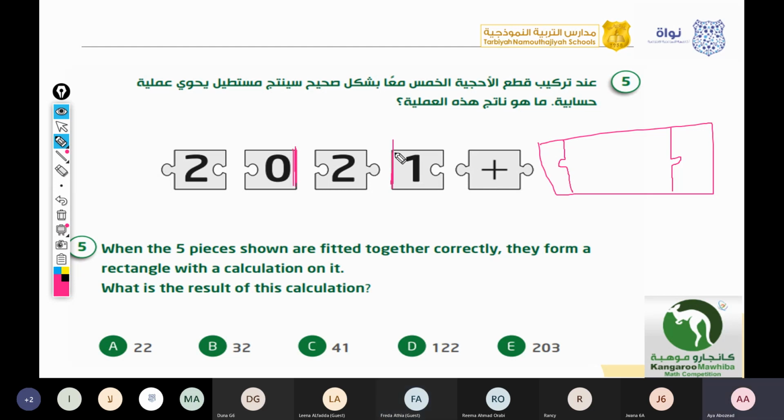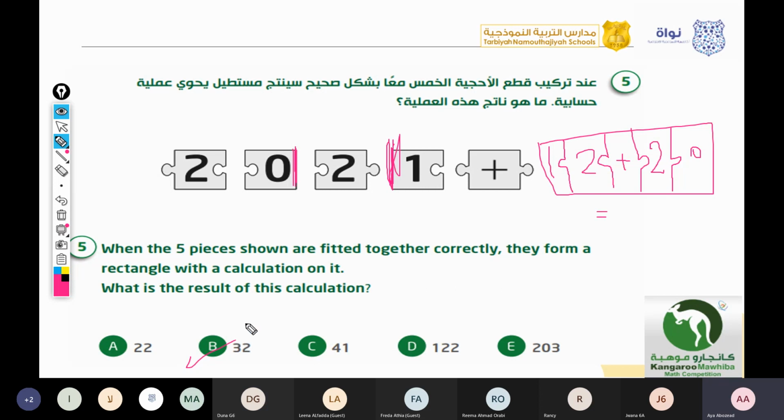I think one will be the first because from the left side you will find it without curves. So 1 will be here and 0 will be here. Of course, plus will be in the middle. So now we find this is a 2, and this is also a 2. Now 12 plus 20 equals? 32. So it's going to be B. Excellent, so it's B.